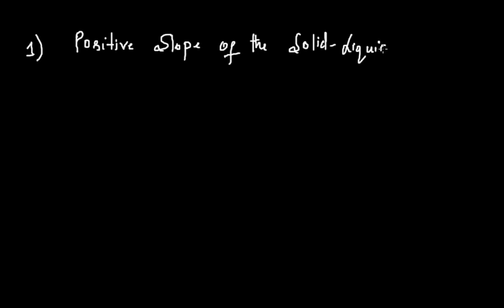First point is the positive slope of the solid liquid phase boundary. The direction of this line is characteristic of most substances. That means the positive slope is characteristic of most substances.